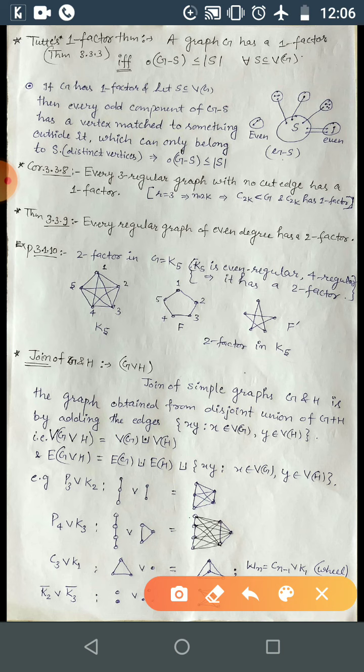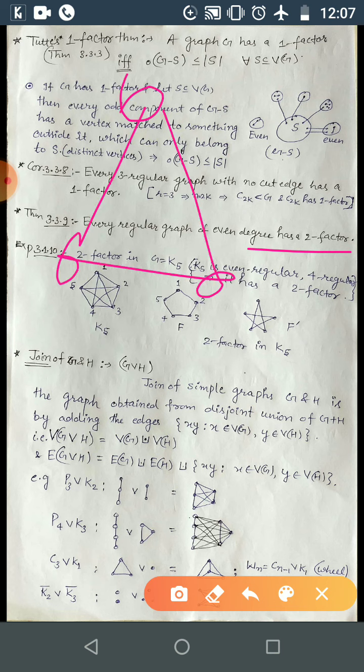Some cycle, or a union of cycles, will be part of the components of that graph. And if you take all those cycles, then it will have a 2 factor, because a cycle itself is a 2 factor, correct. For example, take a 2-regular spanning subgraph. Here this itself is 2-regular.